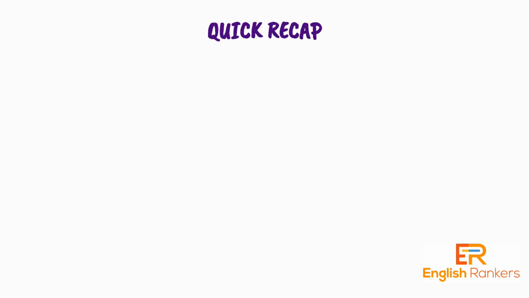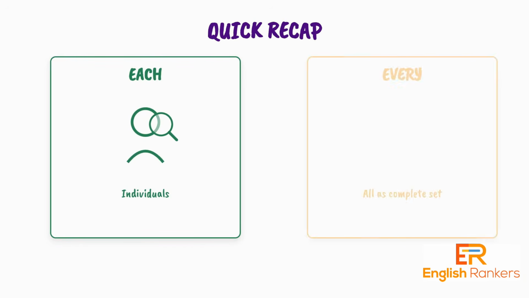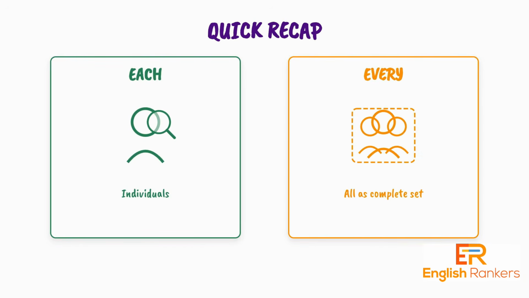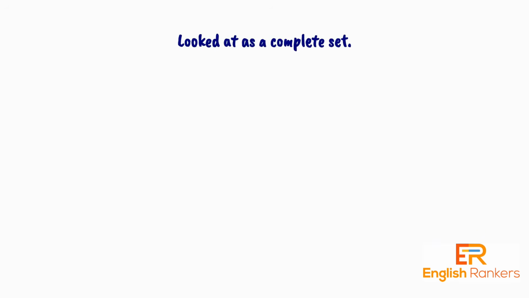Quick recap. Let us put it all together so it sticks. Each: individuals in a group looked at one by one. Every: all individuals in a group looked at as a complete set. Each zooms in. Every zooms out.